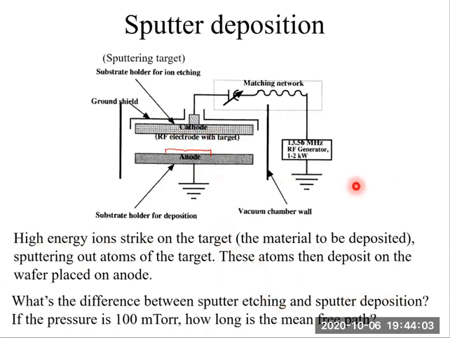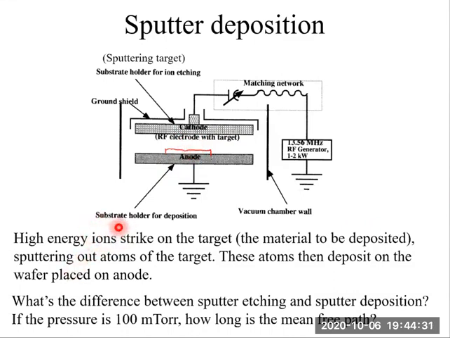We actually can observe that in sputter deposition, etching also occurs. Etching occurs on the target, then deposition occurs on the anode. For both sputter etching and sputter deposition, we need to use a plasma, and the plasma generates ions.